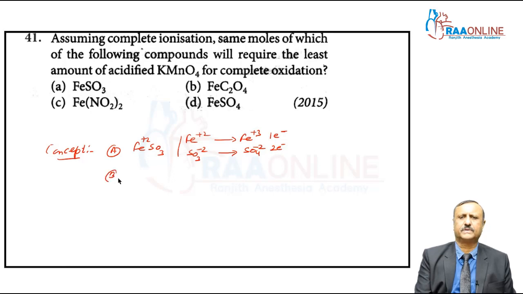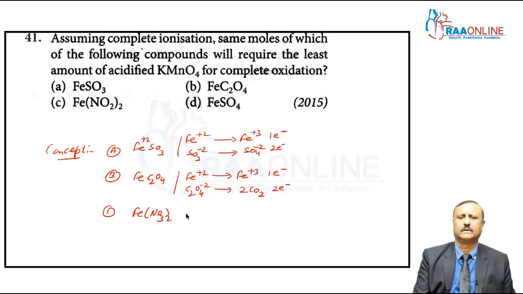Now the B option, FeC2O4, iron oxalate. Here Fe plus 2 is converted to Fe plus 3, so it removes one electron, and when C2O4 2- is converted to 2 CO2, it removes 2 electrons. Here, my dear students, option C, Fe(NO3)2.